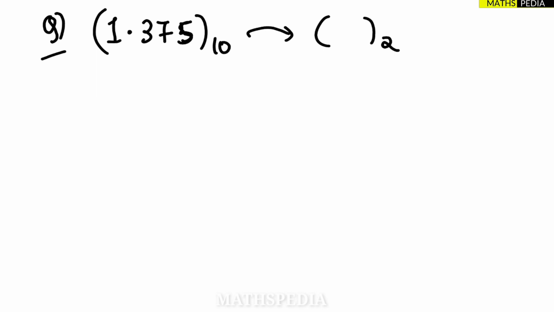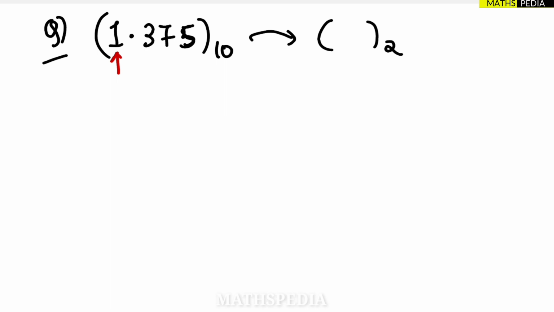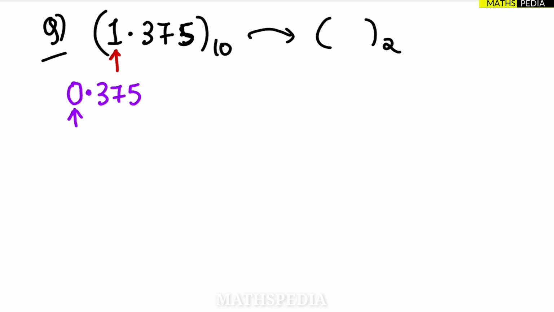Now, why this question is different from the others is that here we are having 1 point something. In the previous two questions it was 0 point something, so the answer also was 0 point something. But when it is 1 point something, what happens to the answer? Let us try to understand. Always remember, for the fraction we have to go for the multiplication. Always we have to multiply 0.375.